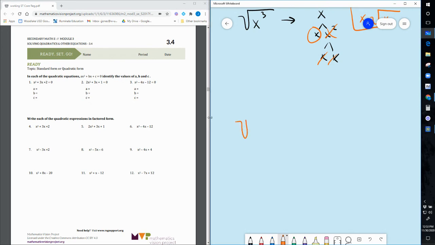If I said, what's the square root of x to the 8th power? You know that because this number that I put a circle around is an invisible 2, you're going to have to ask yourself, how many pairs of x's am I going to get out of this? Well, I have 8 x's, so you can think of this as x times x times x times x times x times x times x times x.